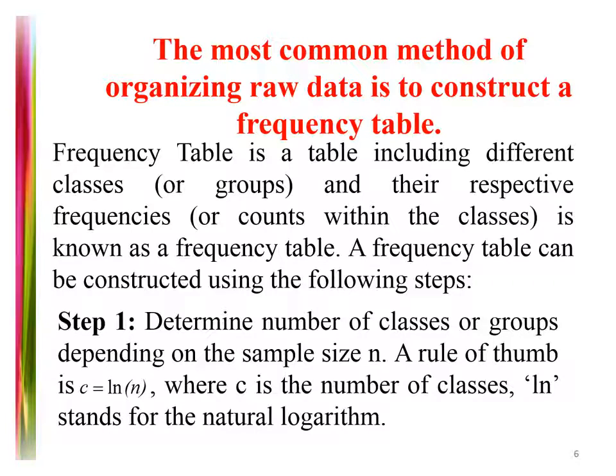Step one: determine the number of classes. First we have to estimate the number of classes or groups, which depends on the sample size n. The rule of thumb is that the number of classes C should be equal to the natural logarithm of the sample size, ln n.